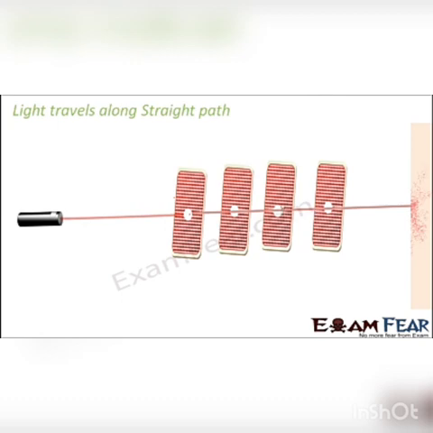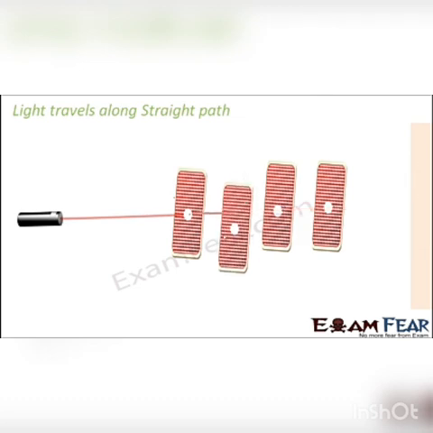Now, that doesn't prove that light is traveling along a straight path. To prove that, what are we going to do next? You just try to move the second card a bit, in such a way that this hole is no more along the straight line as the other 3 cards. Now this time what do you observe?